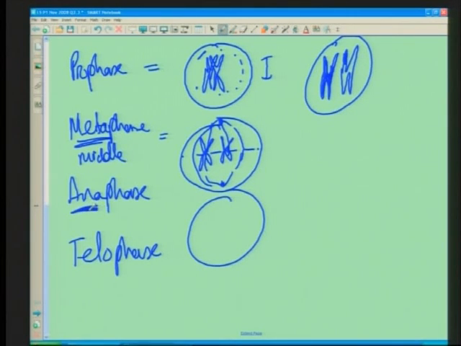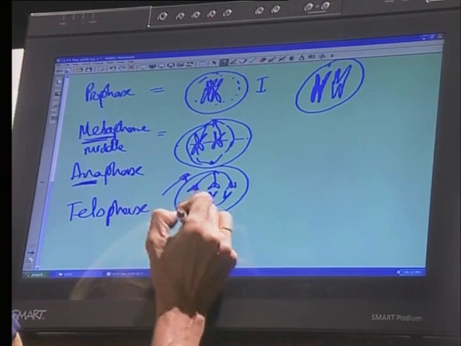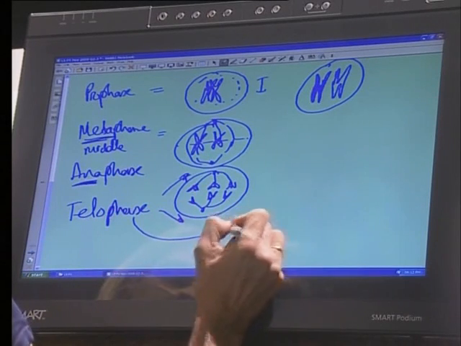Ana, they're starting to pull away. They're going to the poles, so they're pulling away. You follow? I'm just drawing them. Those all had 2 and this one's got 3. Don't ignore that. What I'm trying to show you is that they're pulling towards the poles. You follow? Telophase. Yes, I follow.